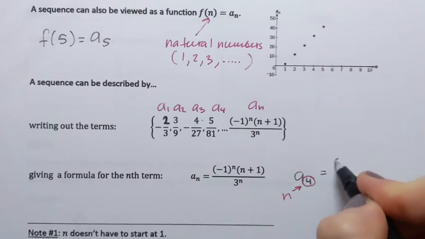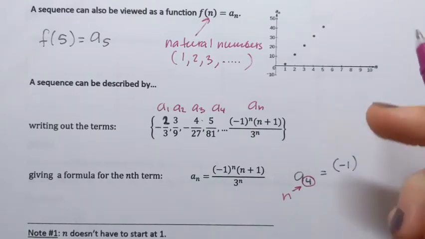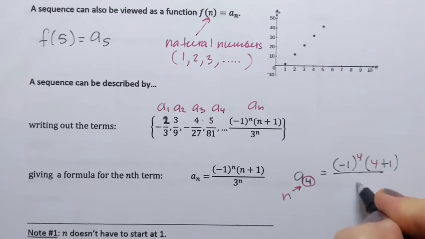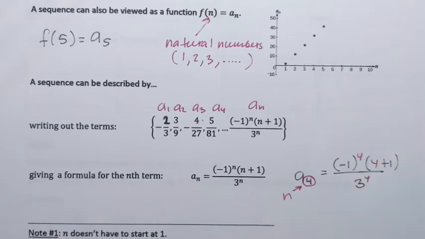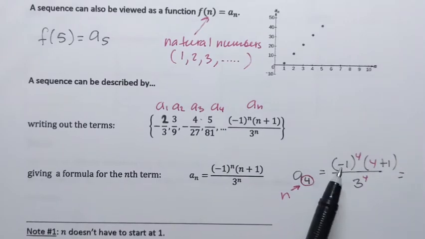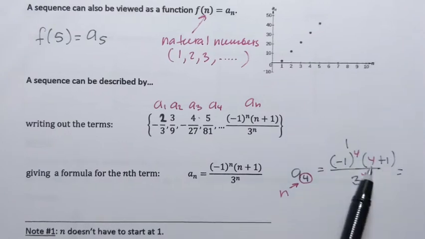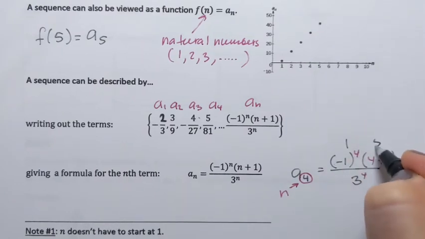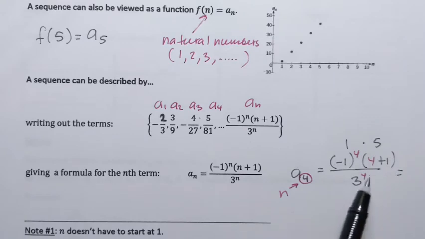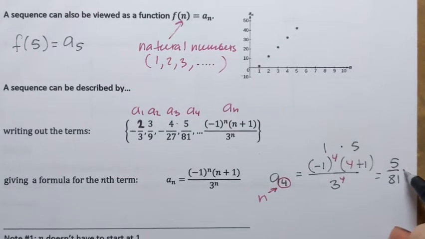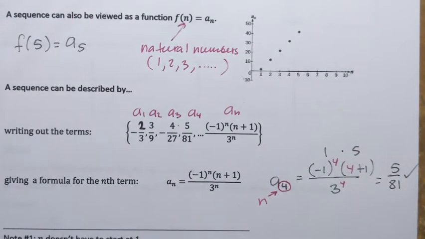That's going to be (-1) to the power of 4 times (4 plus 1), and then divided by 3 to the power of 4. So let's simplify this. (-1) to the power of 4, that's an even power, so it's just 1. 4 plus 1 is 5, right? So I have 1 times 5 in the numerator, and then 3 to the power of 4 is 81. Yeah, that's 5 over 81. That's what we can see here in that list.